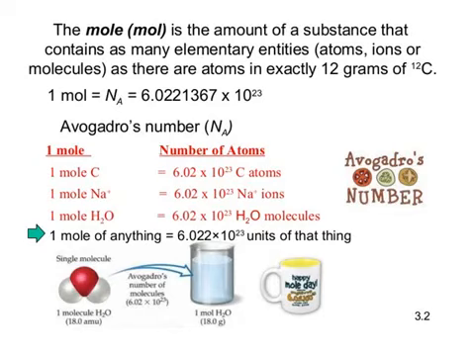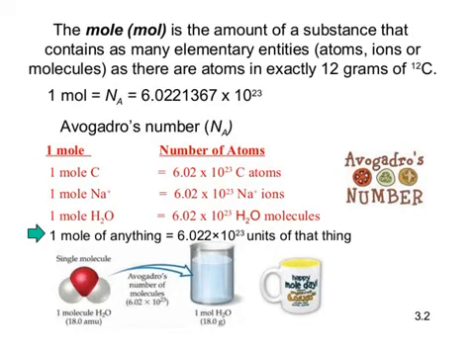So 1 mole is equal to 6.022 into 10 to the power 23, which is nothing but Avogadro's number. When you take 1 mole of carbon, it contains 6.022 into 10 to the power 23 atoms.